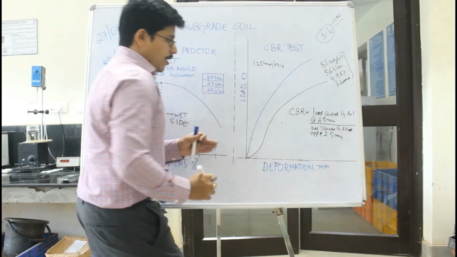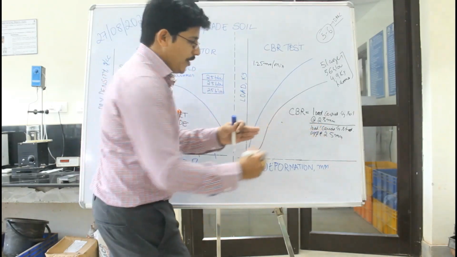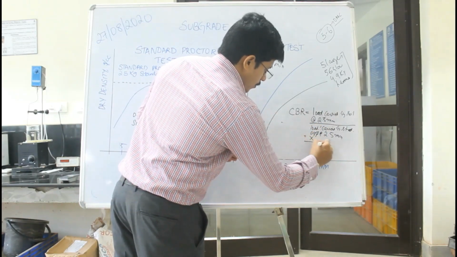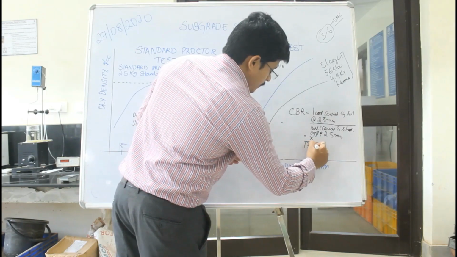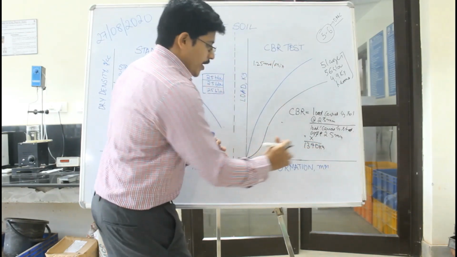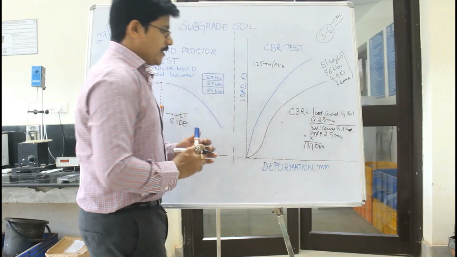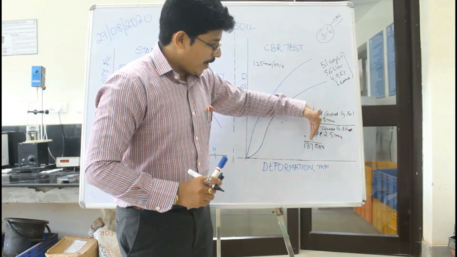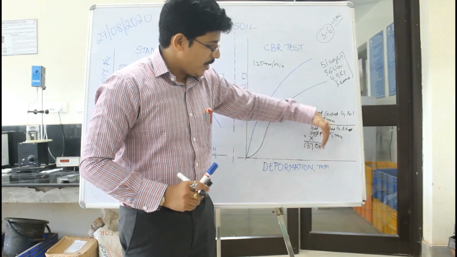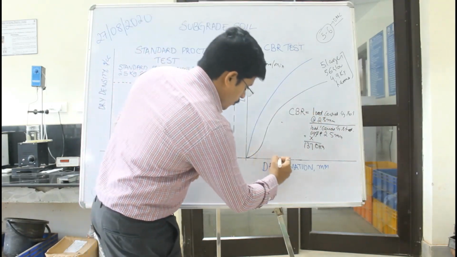Normally for 2.5 mm we have a standard load of 1370 kg. So let's say if the soil carries 500 kg, the CBR is 500 by 1370 at 2.5 mm penetration.